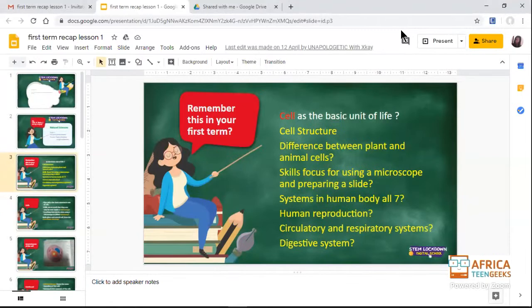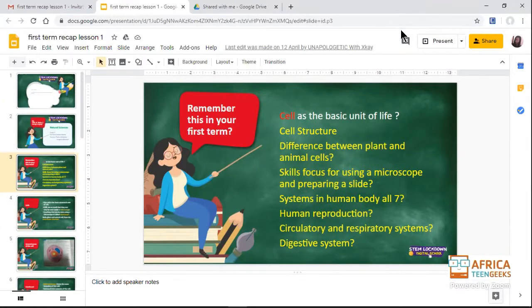A plant cell has a cell wall and an animal cell has no cell wall. So bugs, both of these cells, meaning the plant cell and the animal cell, have the cytoplasm. So the cytoplasm is present in both cells. Okay, I hope that you get that.